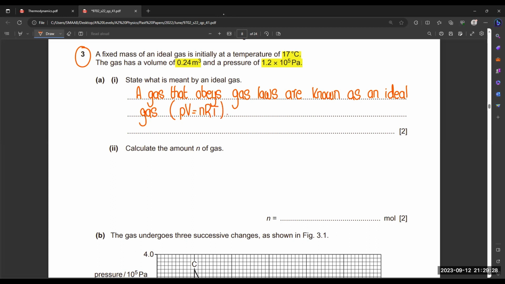That's why we use this equation to find the unknown value given in the question, right?